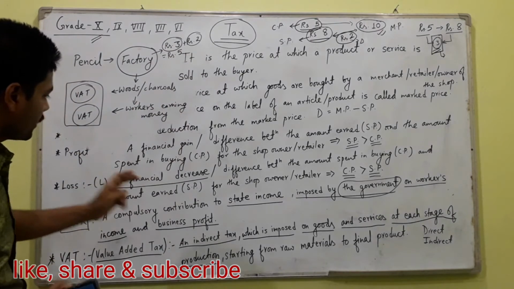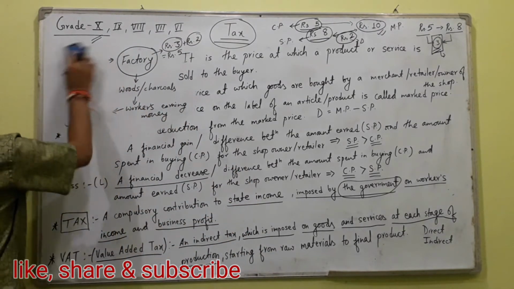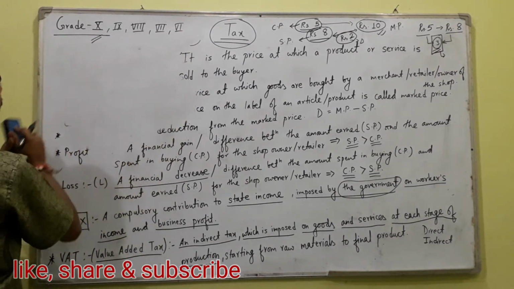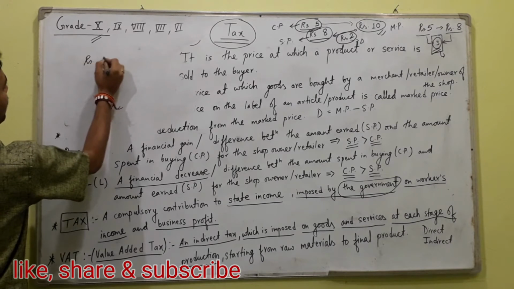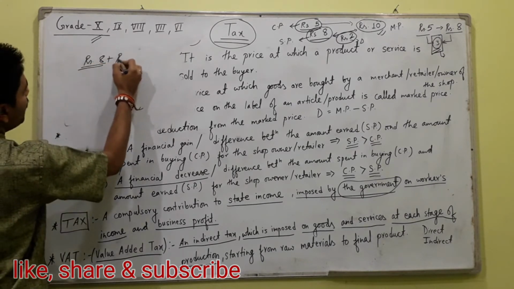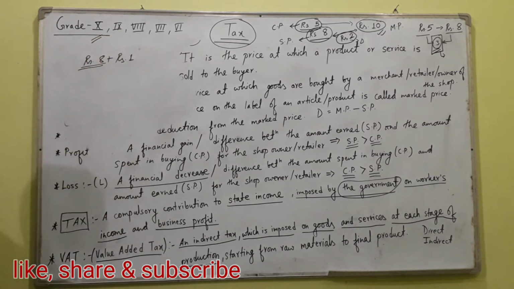After that, it again comes to the shop and we also buy the same pencil from the retailer. And when we buy the pencil from the retailer at rupees 8, out of the 8 we will have to pay some amount of tax to the government also. Let it be rupees 1.